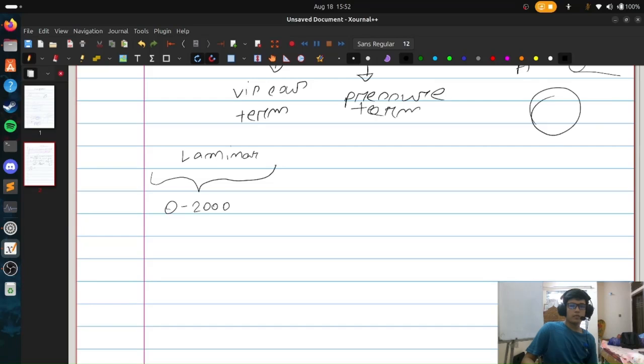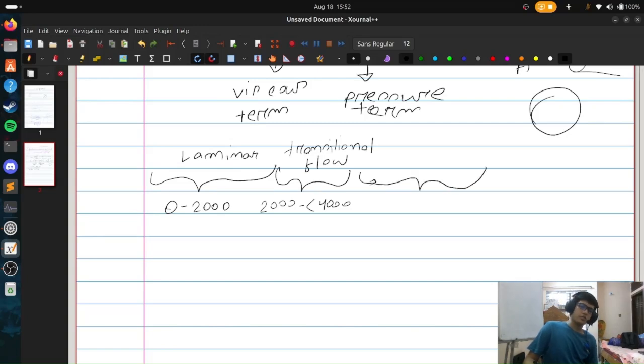From 2000 to 4000, or less than 4000, is called transitional flow. We'll talk about it later. And above that, the flow becomes turbulent.